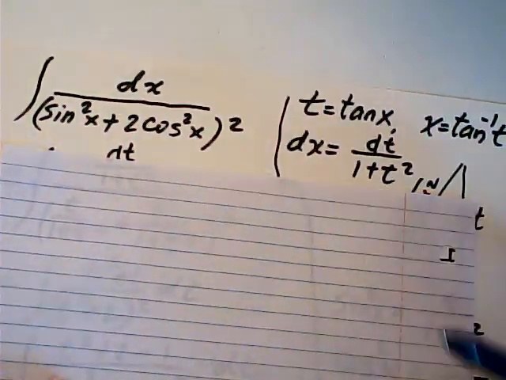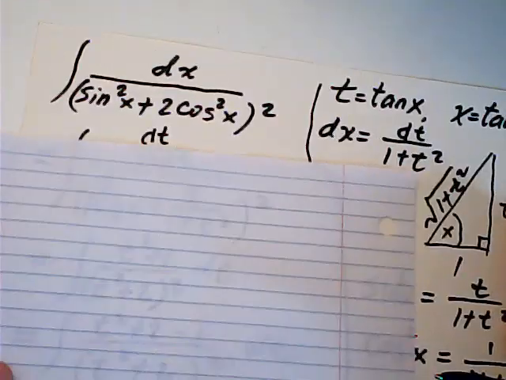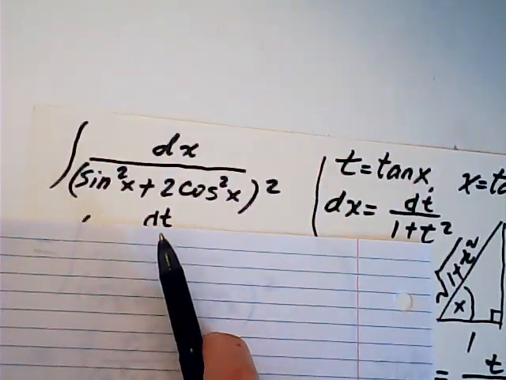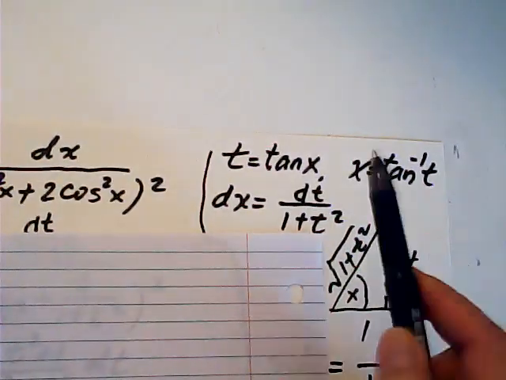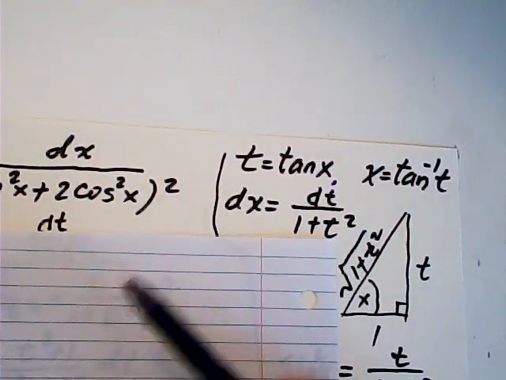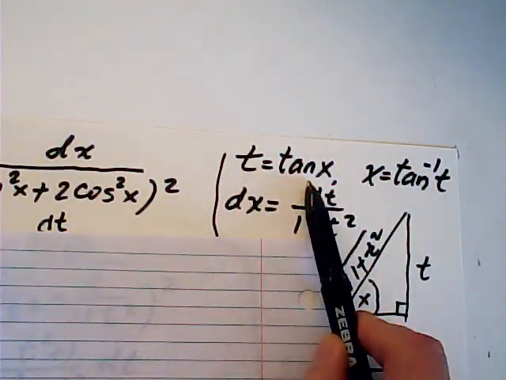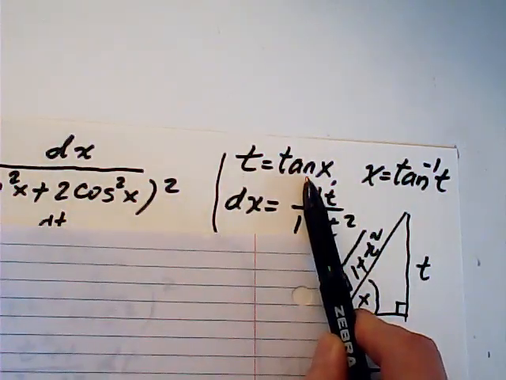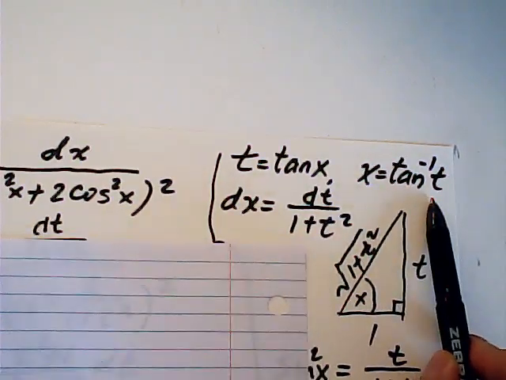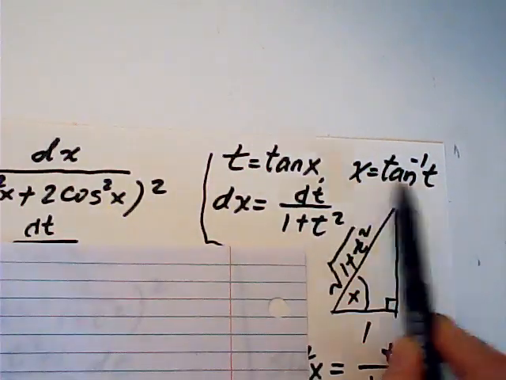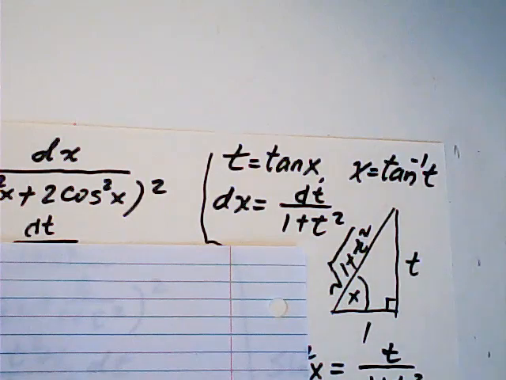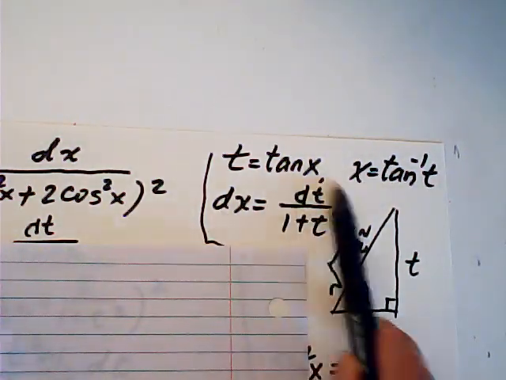Okay, now for this integral, this is the first method: let t be tangent x. Then x is arctangent t. Then we differentiate both sides. If we differentiate both sides, we get dx is this.